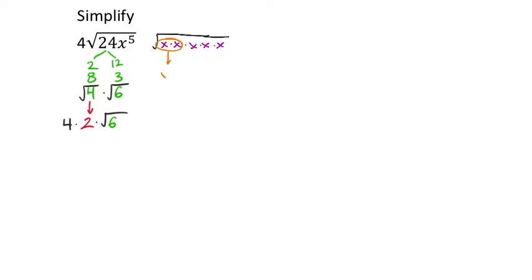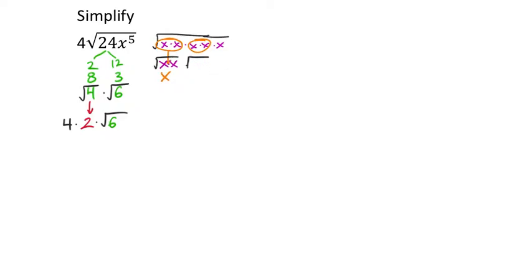Again, that's a perfect square for x. So the square root of x times x, I'll show that work, is x. But I have another set. I got these two x's, right? So that would be the square root of those two x's, x times x.